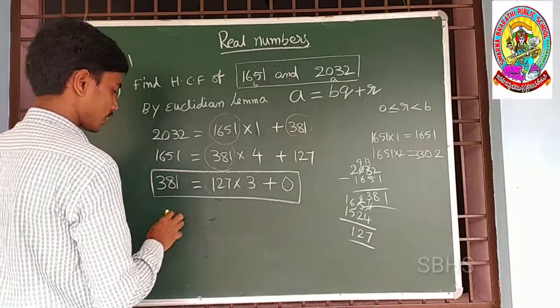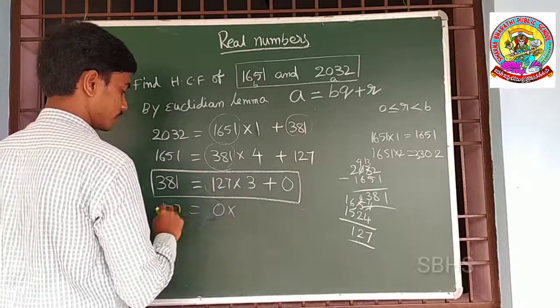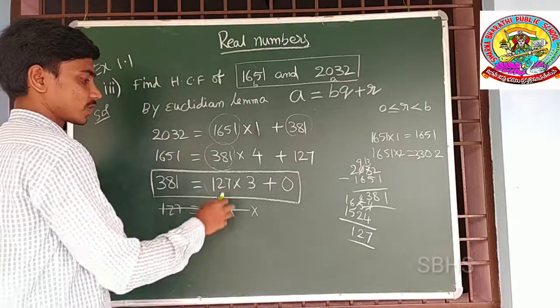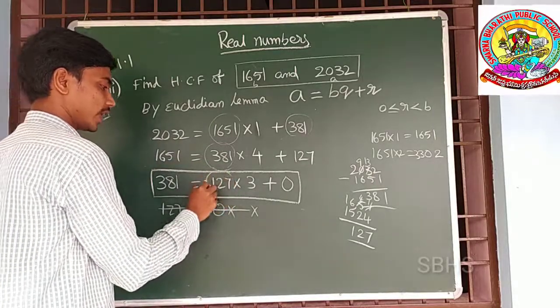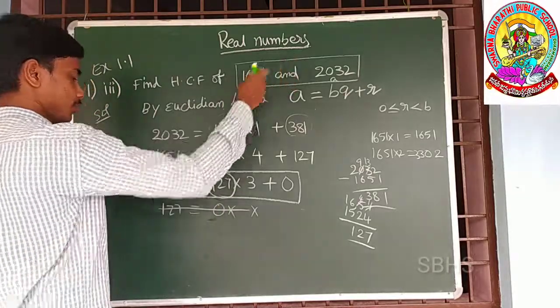If you want to express 127 as a multiple of 0, it is not possible. So we cannot proceed with these steps further. So where it ends, that is called the HCF of these numbers.